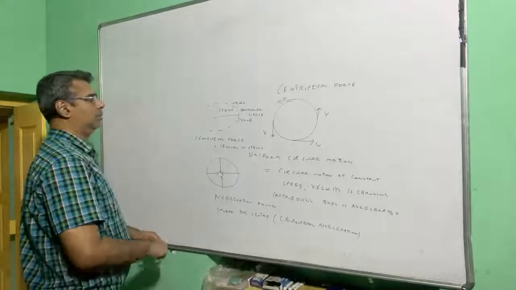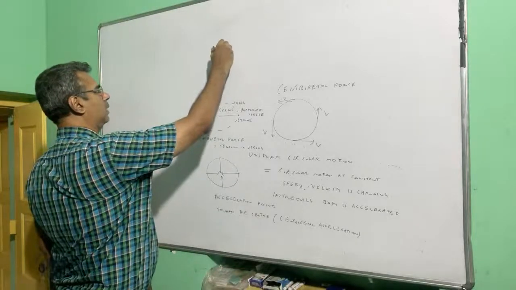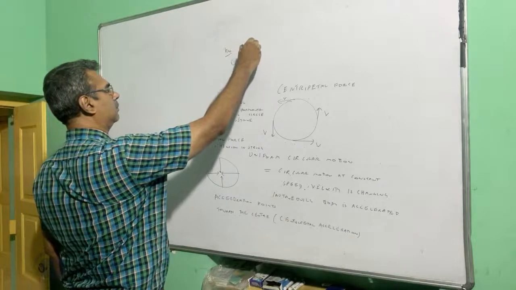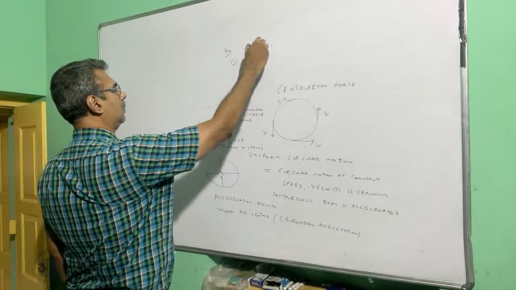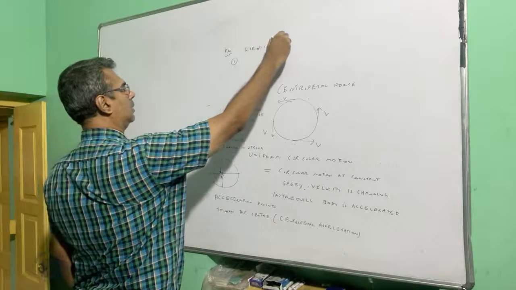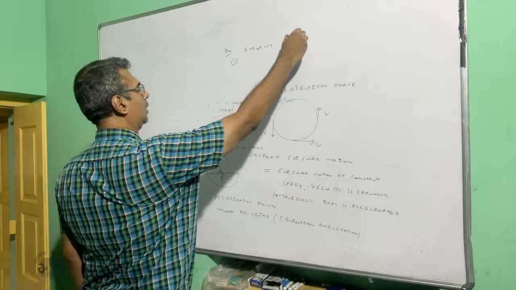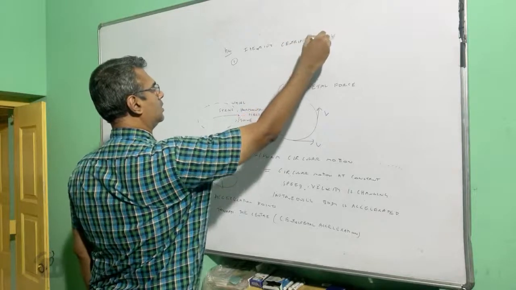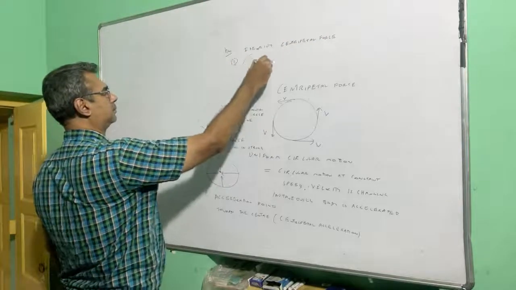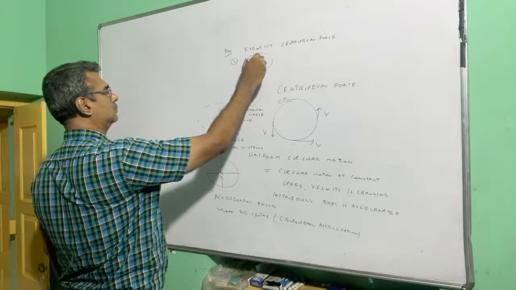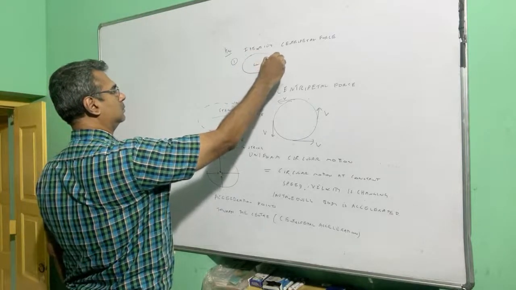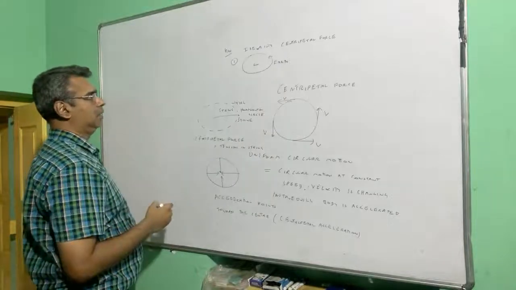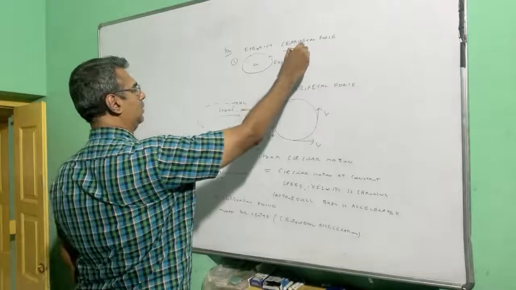So the homework for today is that you will have to identify the centripetal force when the earth is going around the sun. That is number one.